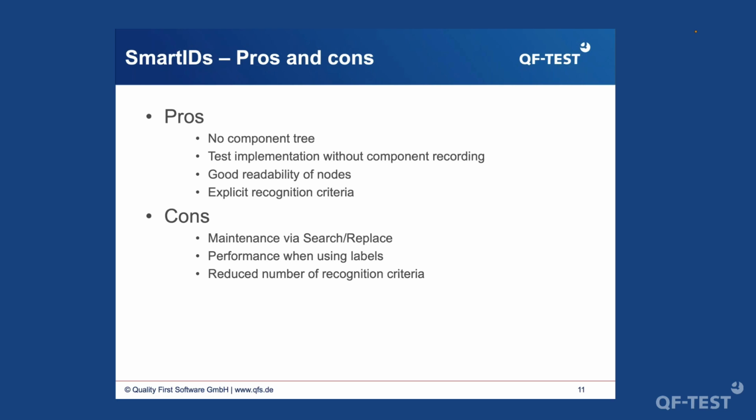Like generic components, maintenance is just possible via search and replace, but this is not the big issue because in QFTest we have a very powerful search engine where you can even say I want to look for any attribute in my tests, and based on this I get some search results.